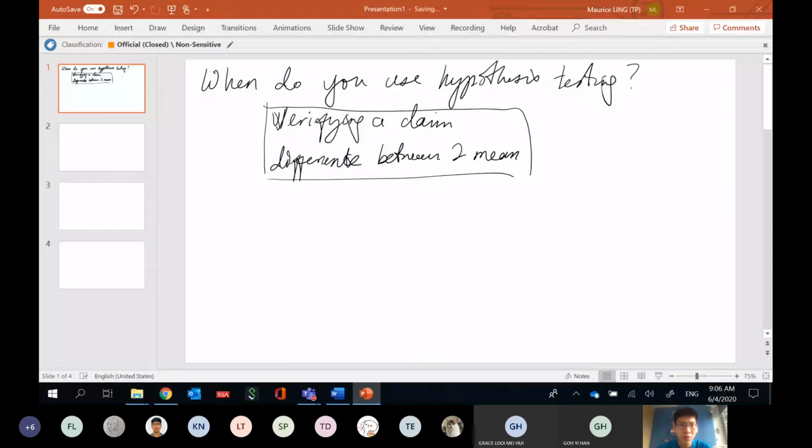So when do you actually use hypothesis testing? Let's say when you have two measurements. Okay, these two measurements need not be averages. Let's say you have measurement A, you have measurement B. You know that these two measurements are not going to be mathematically equal, correct?